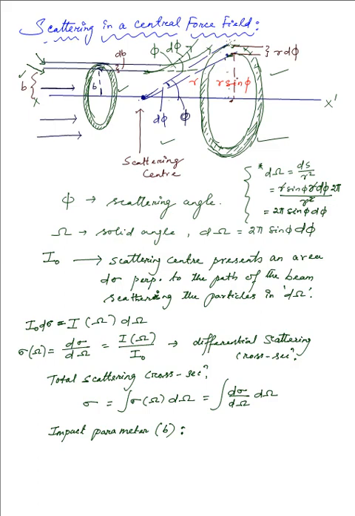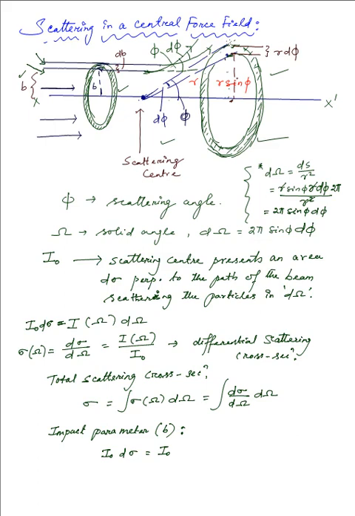We have the value for I naught d sigma, d sigma being the area that is provided by the scattering center, as we said. So I naught times d sigma gives us the total number of particles that are approaching through that small segment, and that will be equal to I naught times, if we consider that segment, because they have the same angular value, that is d phi.